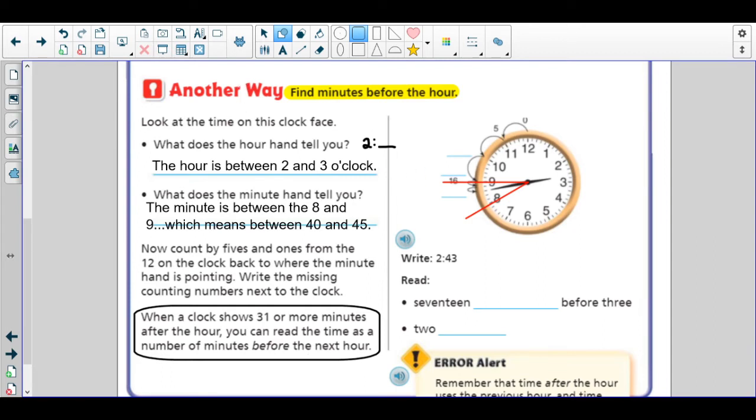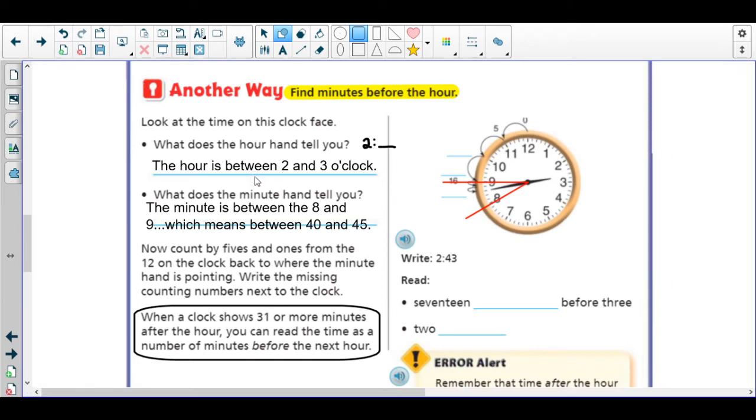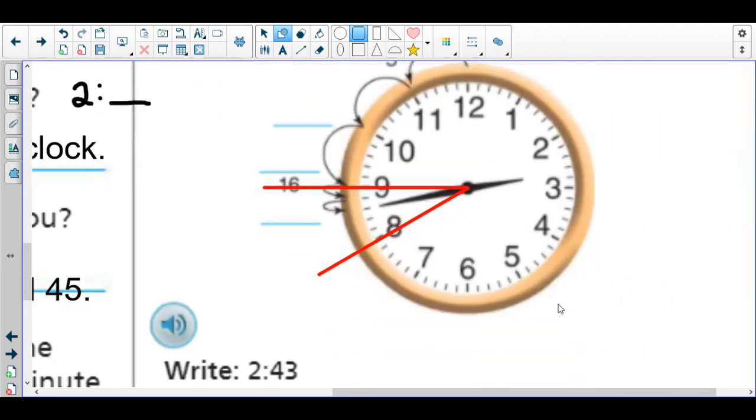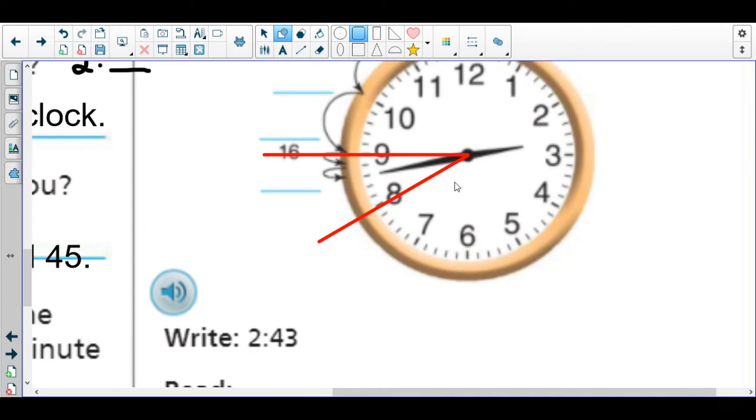All right. Well, I'm going to jump in here and clean up a little bit of this so that we have a better understanding. I'm going to go ahead and get the time first. Okay. So this minute hand is between the 8 and the 9. All right, so I'm counting 5, 10, 15, 20, 25, 30, 35, 40, 41, 42, 43.